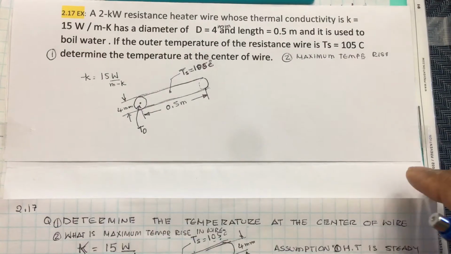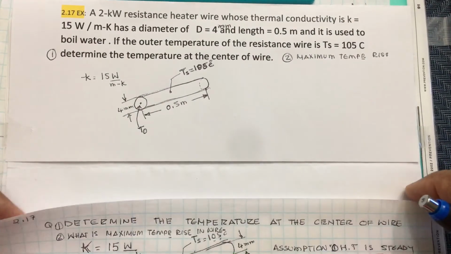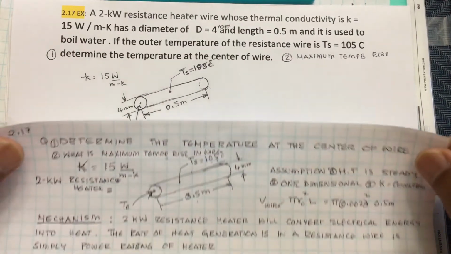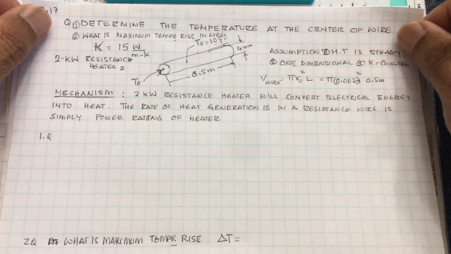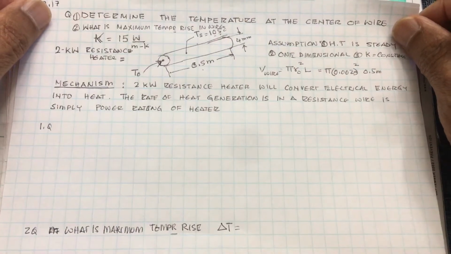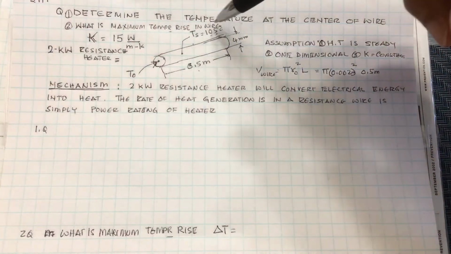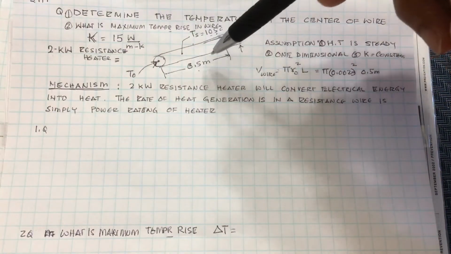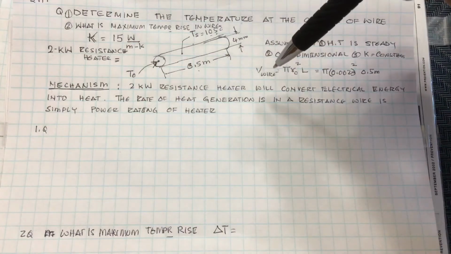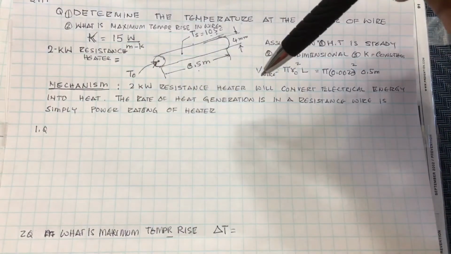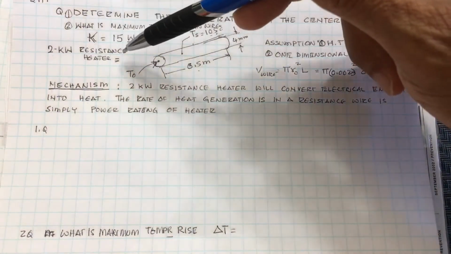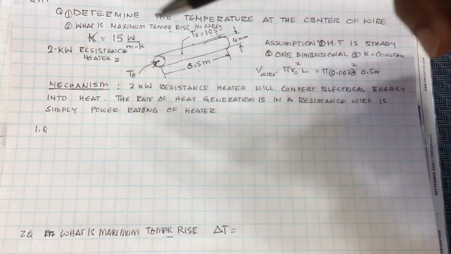Okay. So given that, what I have done is I transposed all the pertinent information into my worksheet, and as you see, Ts is there, 0.5 is the length of it, 4 millimeter diameter, and thermal conductivity is there, and the rating of the heater is also here.